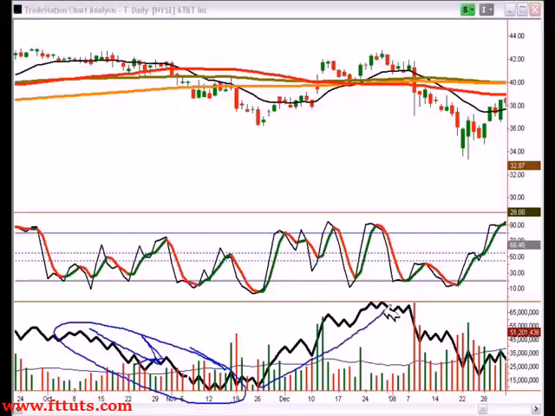It will go up if there's more volume on bars that close above the previous bar's close. So it's just another way.